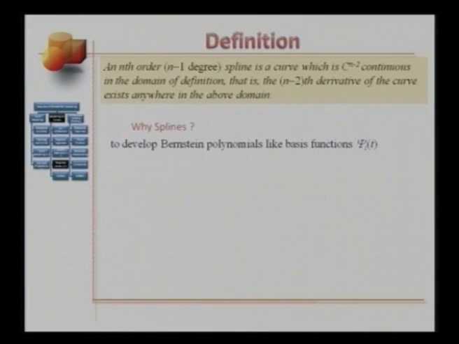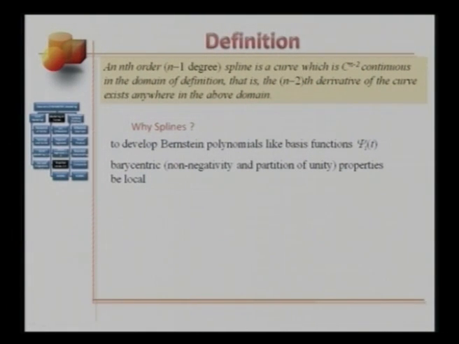Also recall the salient properties of Bernstein polynomials. Remember that they are barycentric in nature: all these Bernstein polynomials are non-negative in the respective parameter interval, that is 0 to 1, and all these polynomials sum to 1, no matter what the parameter value is.